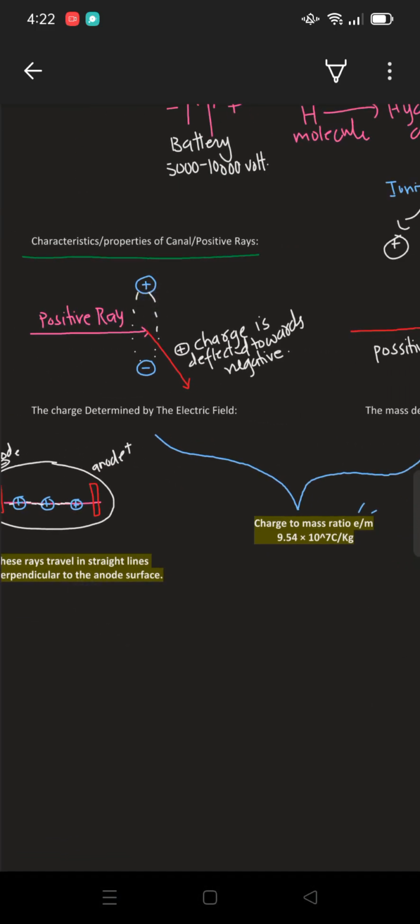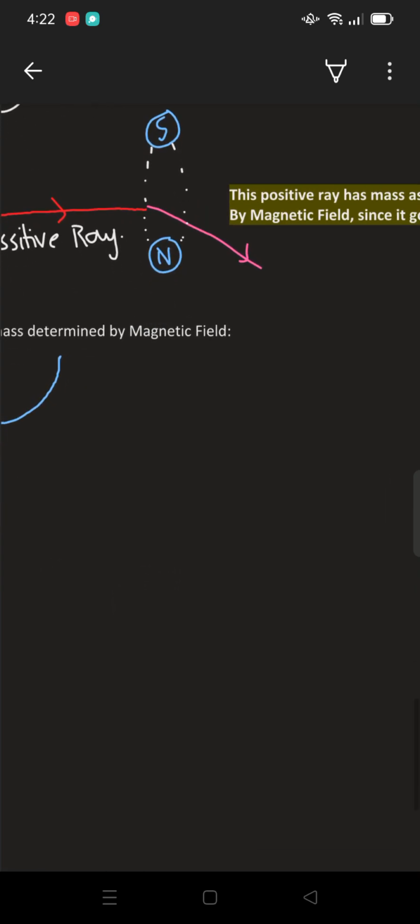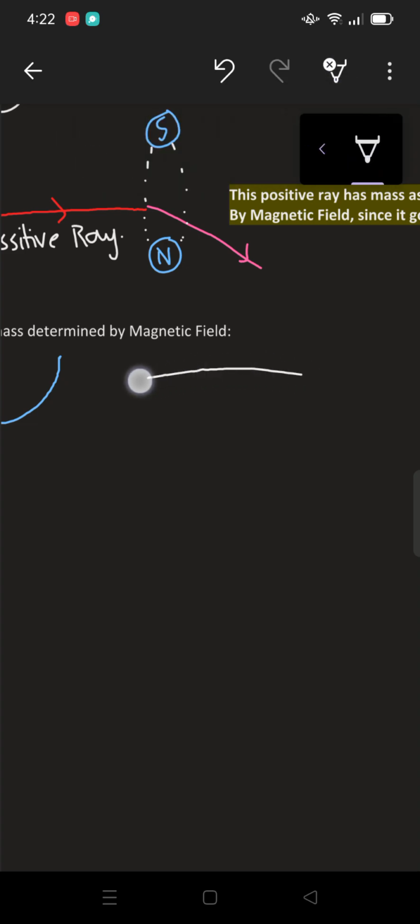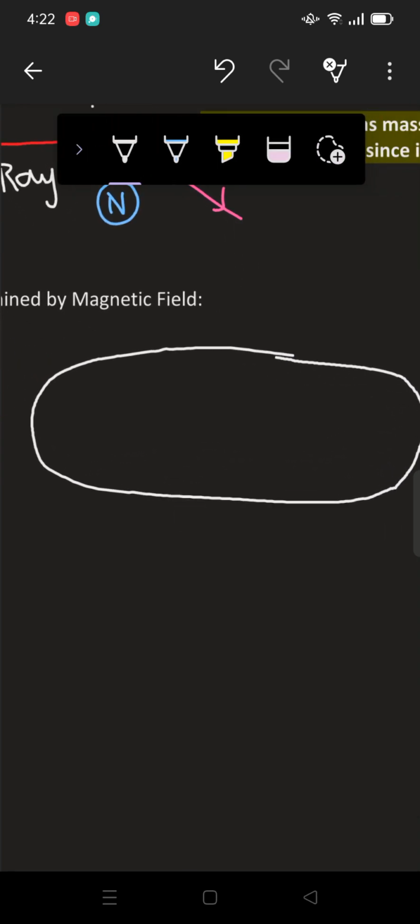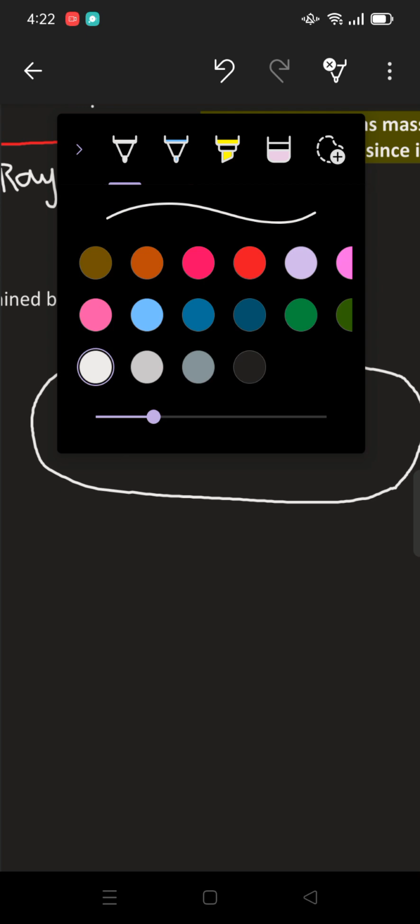The fourth property says these rays produce fluorescence as well, right? We have discussed that the discharge tube is coated with zinc sulfide, so they produce fluorescence when they strike the zinc sulfide layer. For example, I have this discharge tube here and this hole is covered with zinc sulfide.